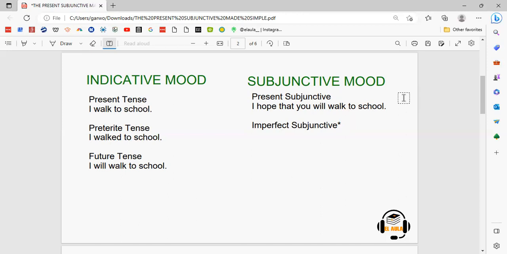So this is the subjunctive mood, right? So we are hoping, doubting, recommending, suggesting, although that's kind of the same thing, something to another person. Okay.